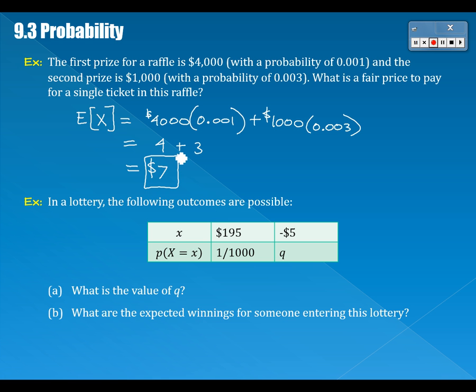So this conceptualizes that idea in a slightly different way, but it's still the same idea. So here's another lottery of some kind. Just the way that this is set up in this table, it looks like the ticket price was $5. That's not a mistake. That's negative $5, right? So if you pay for the ticket, at the end of the day you're down $5.